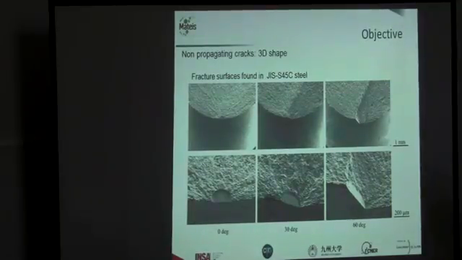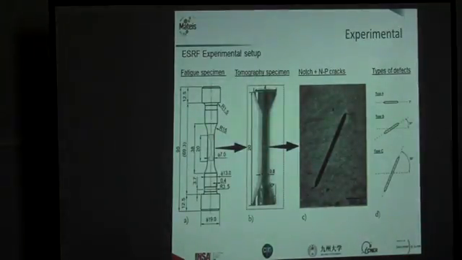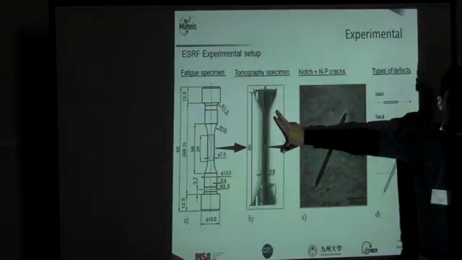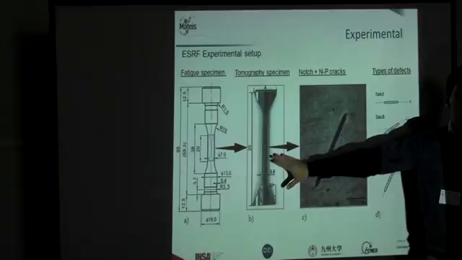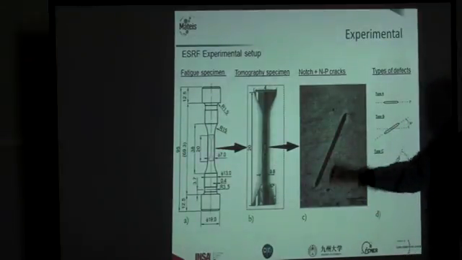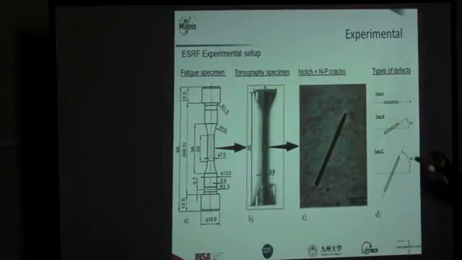So we bring the specimens from Japan to France, to Lyon, and we cut a small specimen from the larger specimen containing the non-propagating crack. This was a difficult process.